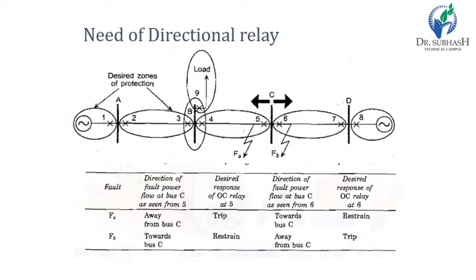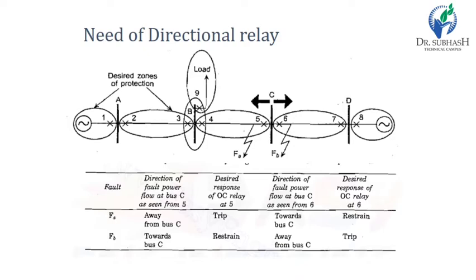And in FB, if the fault is nearer to the circuit breaker, number 5 sees that the fault current is towards bus C. So it decides that it will not trip, as fault FB is nearer to number 6, and the fault current seen by circuit breaker 6 is away from bus C, so it will trip.